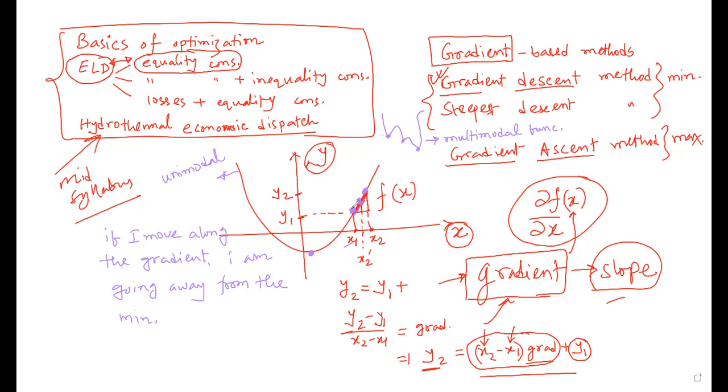I started from y1, but if I follow the gradient, which is positive at this point, I will move along this line, isn't it? Yes, sir. So that means this will actually take me away from the actual minima, which is my target.